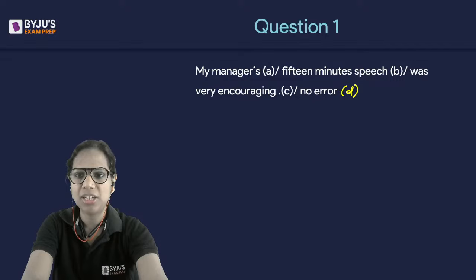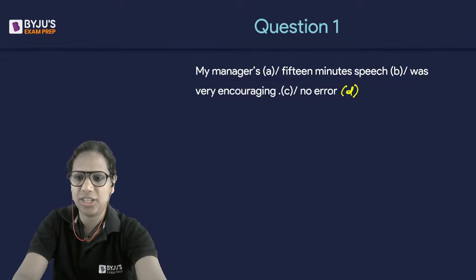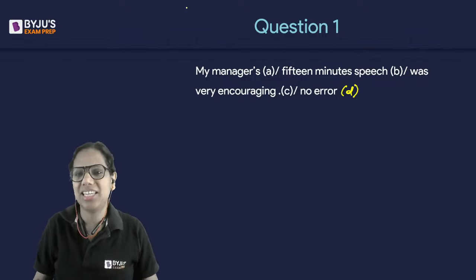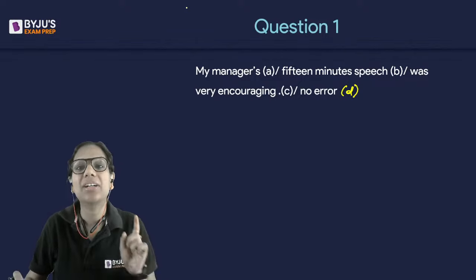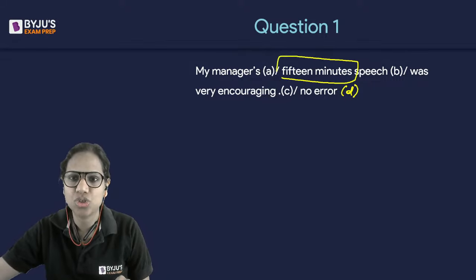My manager's 15-minute speech was very encouraging. Right? So my manager's, this part appears right, was very encouraging. Again, I don't see any error there. The error lies in part B, 15 minutes speech.